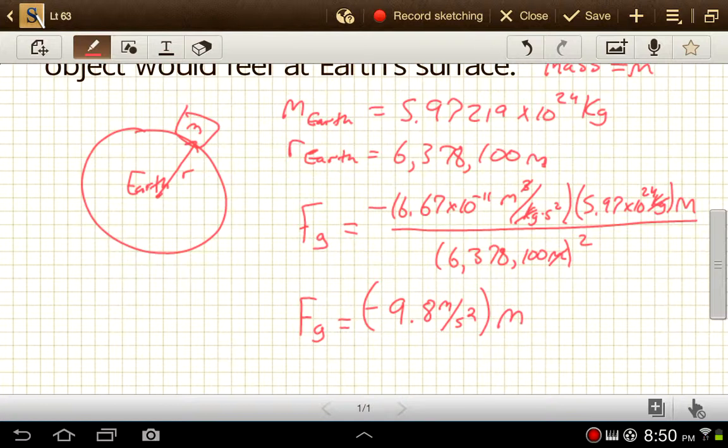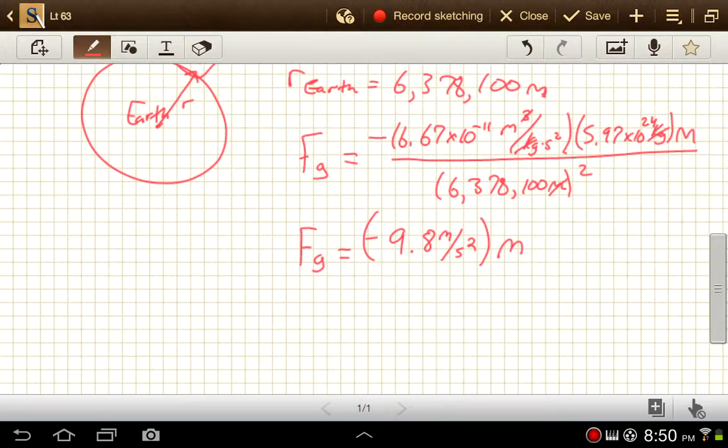And that ought to look pretty familiar. We've been using that equation all along. Force from gravity, or weight, is equal to the acceleration of gravity times m, or m times g.